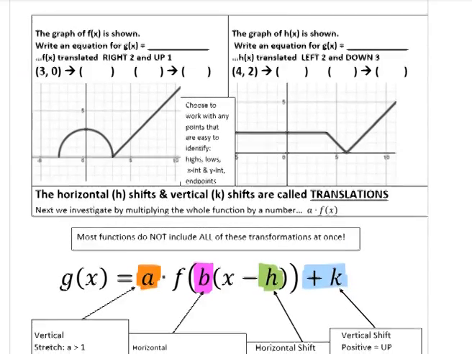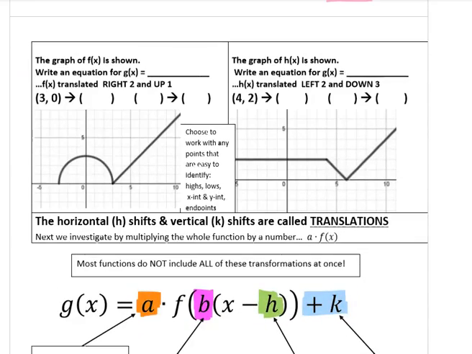Let's go to a couple more examples. This next section says that the graph of f of x is shown. The graph is this one that we're looking at, and now we're going to use what we know to apply it to any image, even if an equation isn't given to us. Since we know there's a graph of f of x, we need to write an equation for g of x. g of x is represented by f of x being translated to the right 2 and up 1. So if I had f of x minus h plus k, I need to figure out how to replace this h and this k.